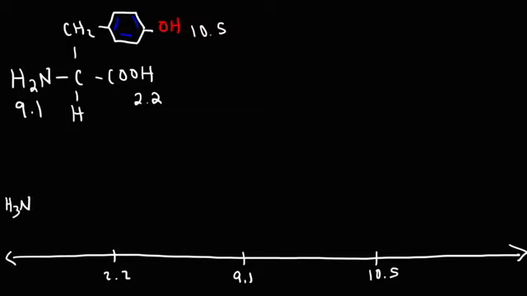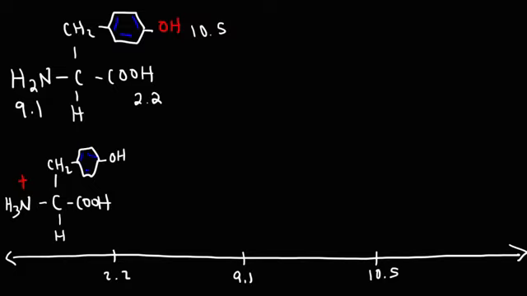The amino group will have a positive charge. The carboxylic acid will have its hydrogen, and the same is true for the phenol group. So that's going to be the structure at a pH below 2.2.